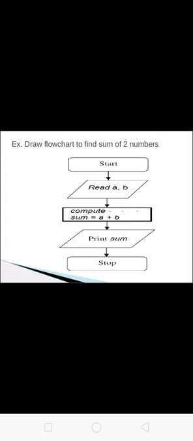Stop is used to stop the program, and it uses the oval symbol. This is the simple example for drawing a flowchart to find the sum of two numbers. This is all about algorithm and flowchart.